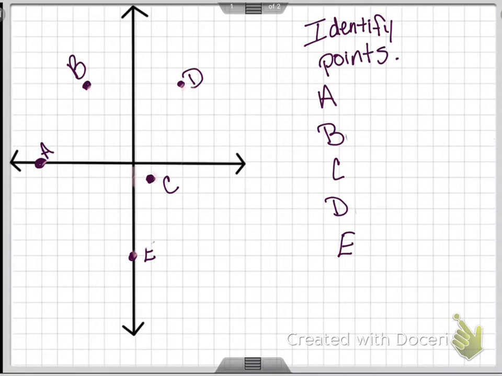I'm going to turn the lights out. Well, maybe not. Oh, fabulous. There we go. Just for this problem, it just makes it a little bit easier to see.